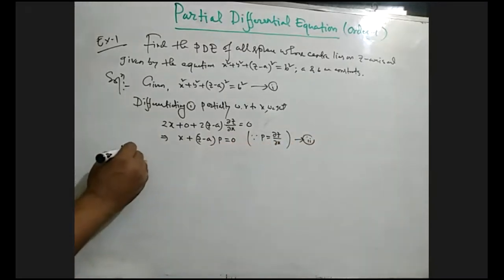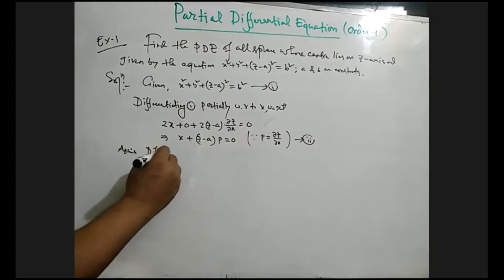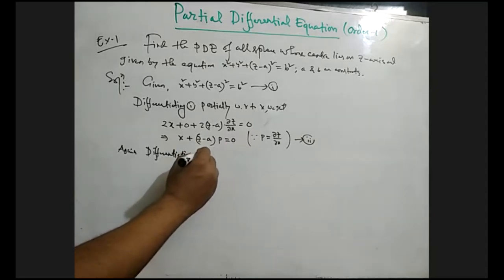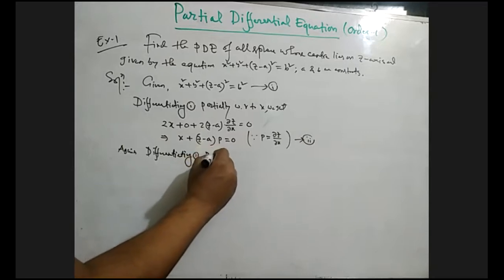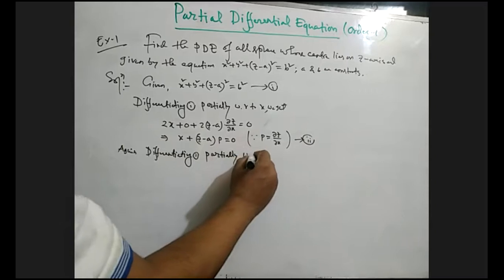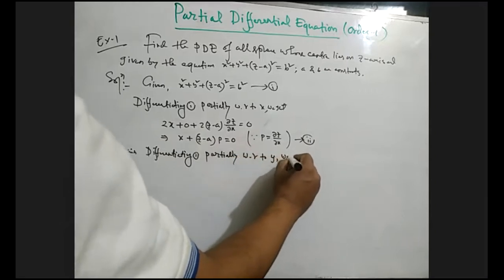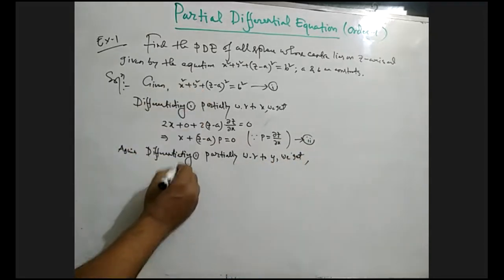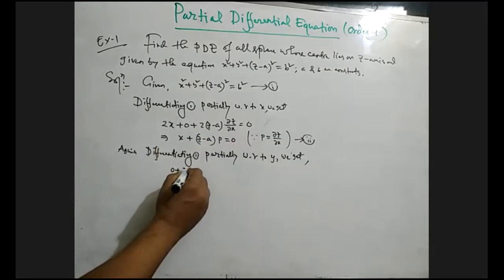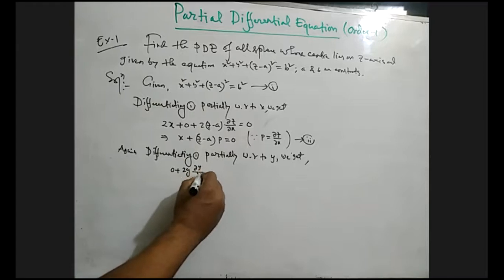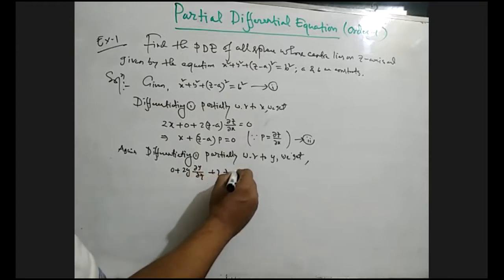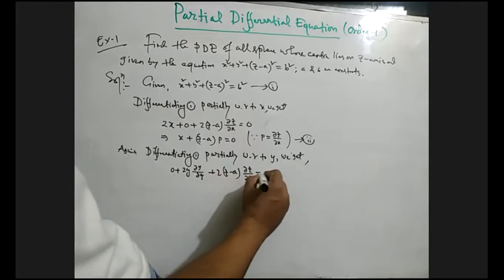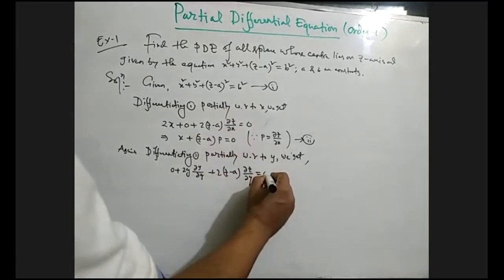Again, differentiating 1 partially with respect to y, we get: x² differentiates to 0, and twice y, plus twice (z minus a) into the partial derivative of z with respect to y, and b² with respect to y will be 0.